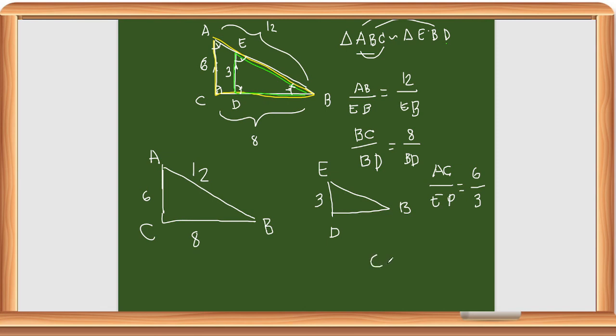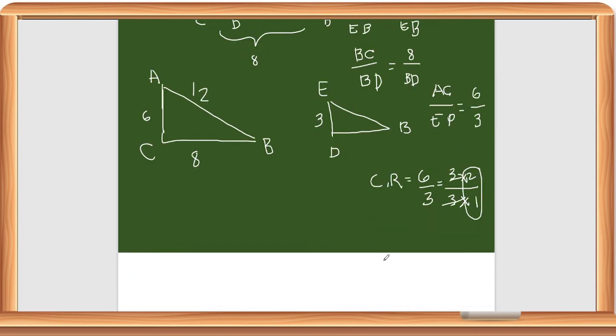So, the common ratio would be 6 over 3, or because 6 can be expressed as 3 times 2, and 3 can be expressed as 3 times 1. Okay, so canceling out this one, ang natira natin is 2 over 1. So the common ratio is 2 over 1.